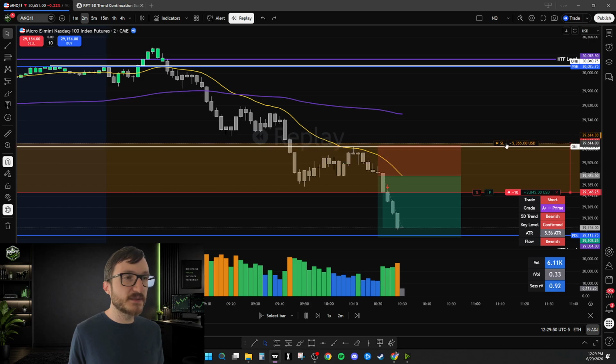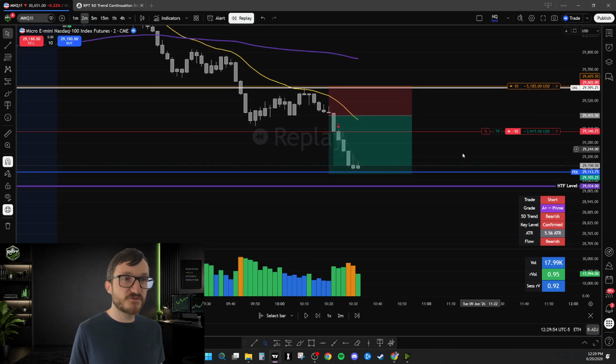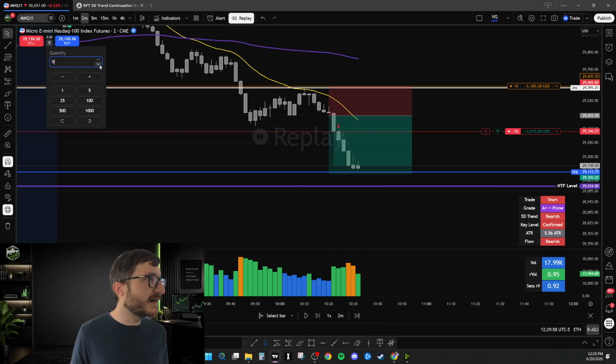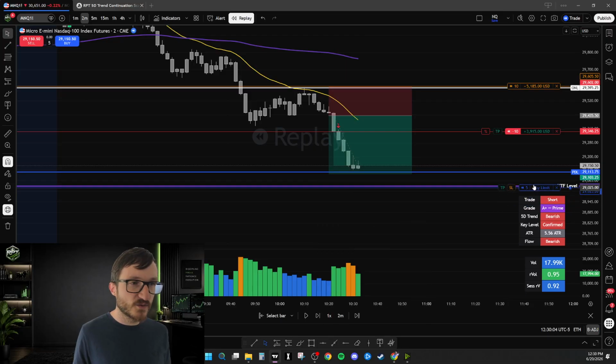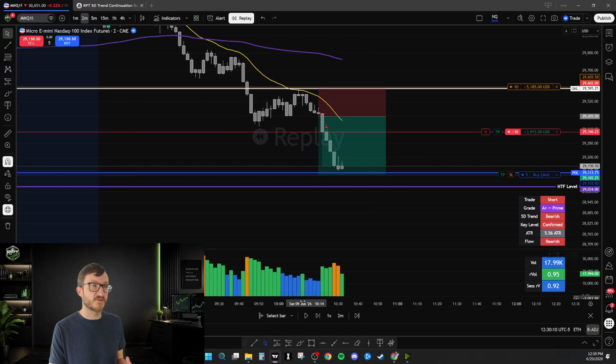My stop goes above this area. And I'm going to pause because I want to make sure I take 5 contracts off. So I'm going to adjust this to 5. And now I'm going to buy at limit 5 contracts right here at my take profit. So I'm cutting half of my risk off right there. Okay?